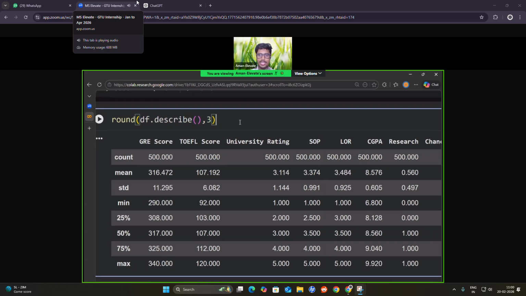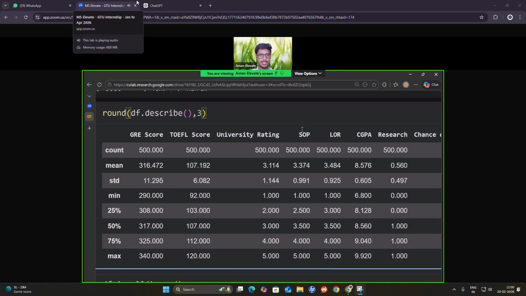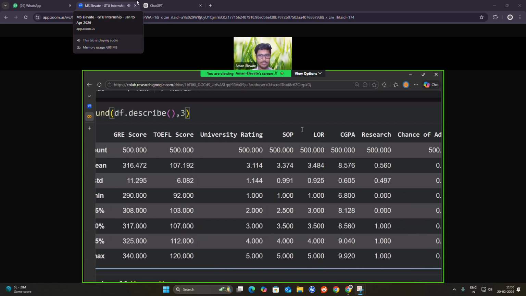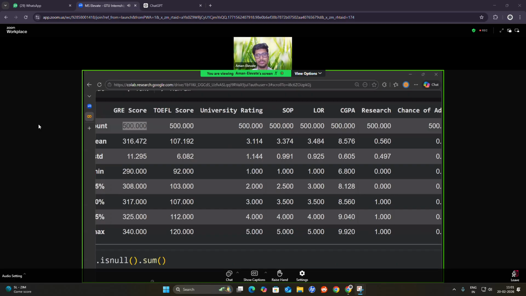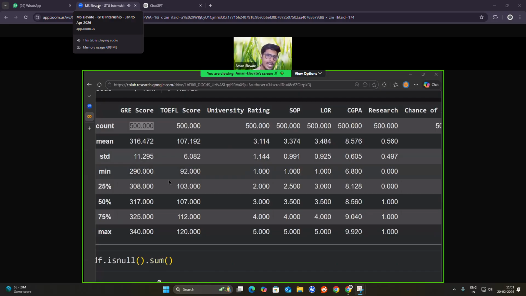Guys, what insights can you give from this description? Don't just tell me the numbers, like this is the count, this is this. Tell me proper insights. What can you get, anything that is relevant for my model that I need to learn? The data is right in front of you.